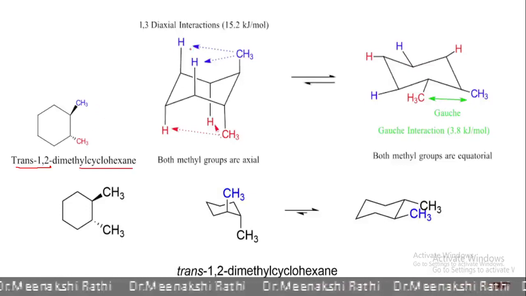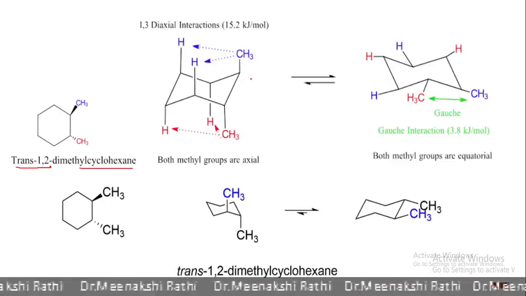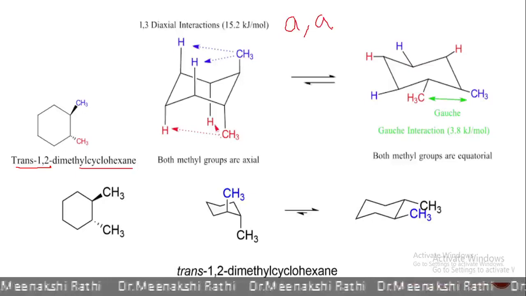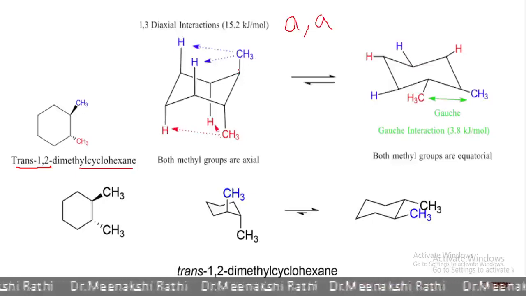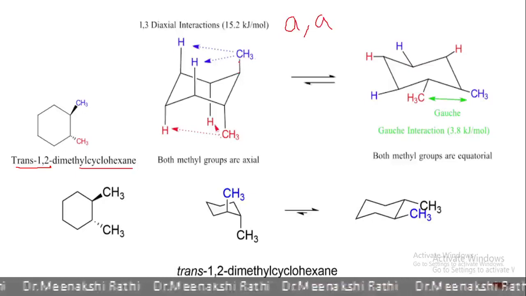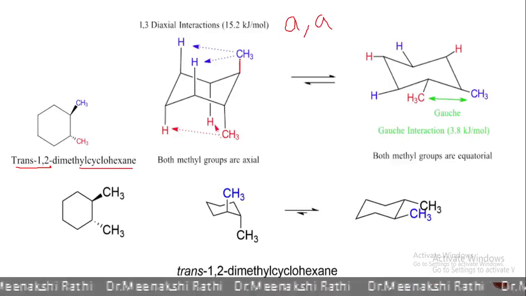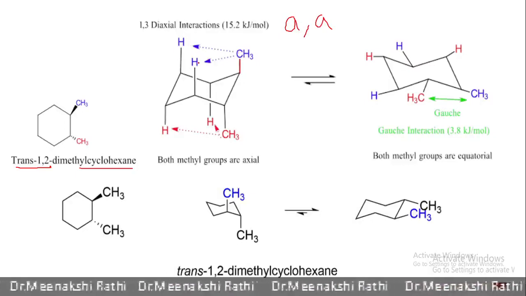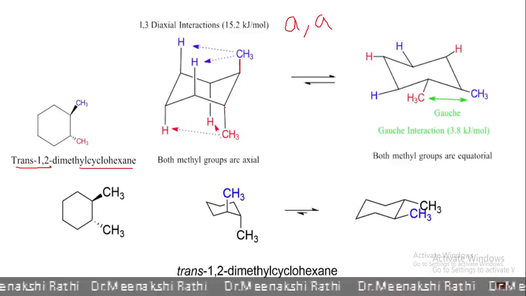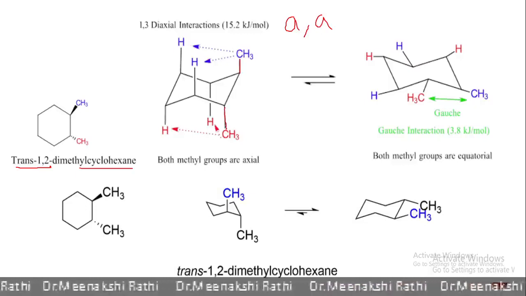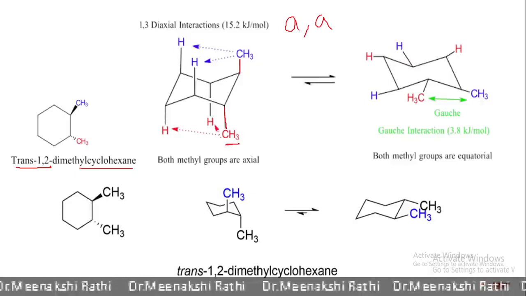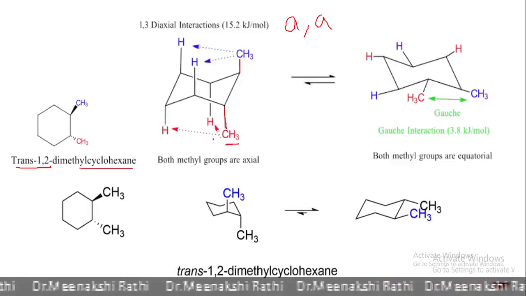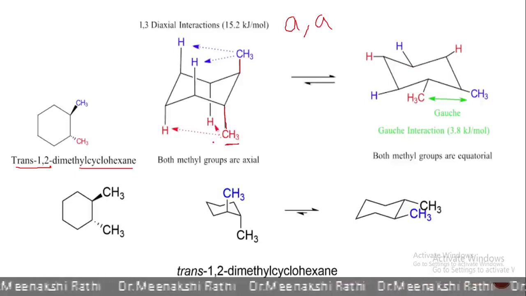If trans 1,2-dimethyl cyclohexane is in AA type, meaning both the methyl groups are axial, then one axial methyl group shows two 1,3-diaxial interactions, while the methyl group which is also axial but below the plane also shows two 1,3-diaxial interactions.